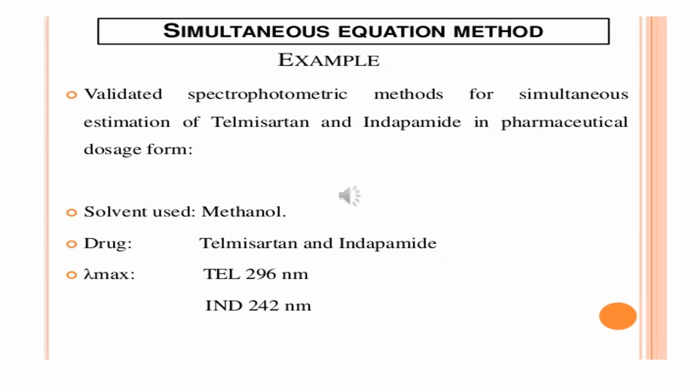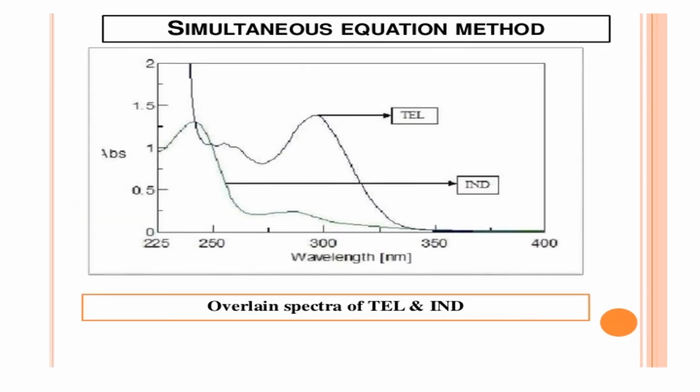Here is an example of the simultaneous equation method. Validated spectrophotometric method for simultaneous estimation of telmisartan and indapamide in pharmaceutical dosage form. Solvent used is methanol. Drugs are telmisartan and indapamide; lambda max of telmisartan is 296 nanometer and of indapamide is 242 nanometer.